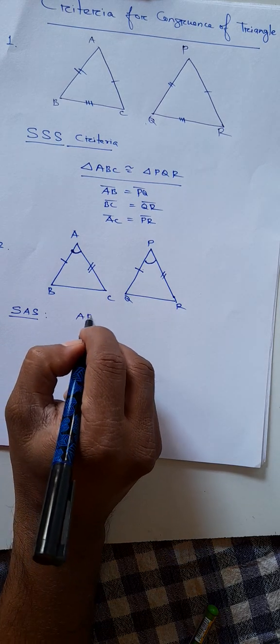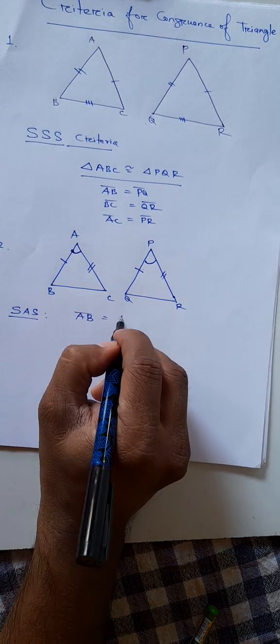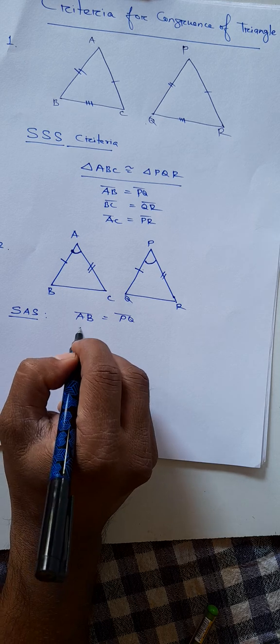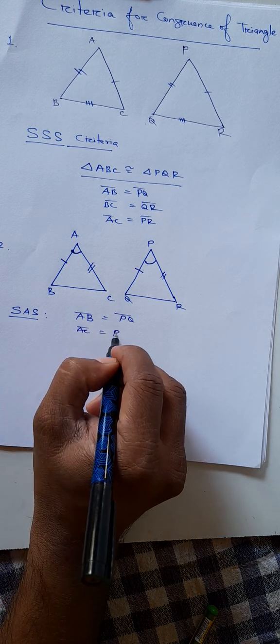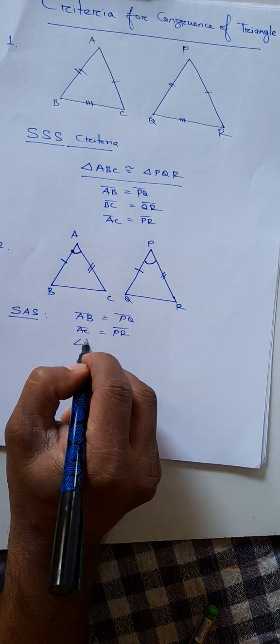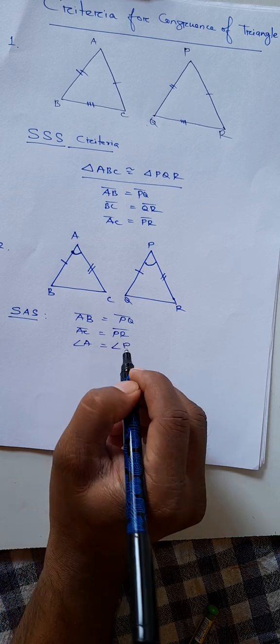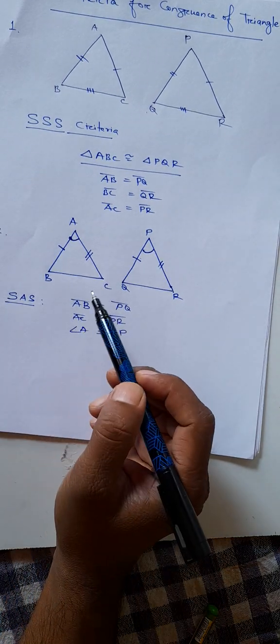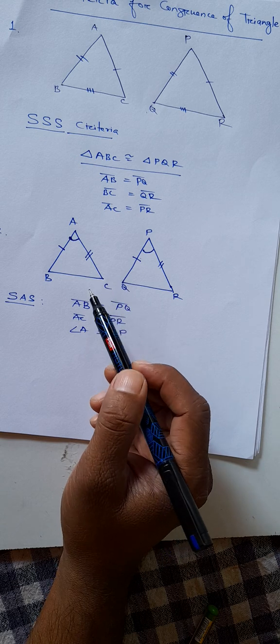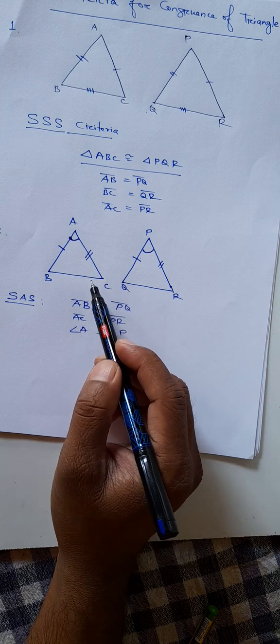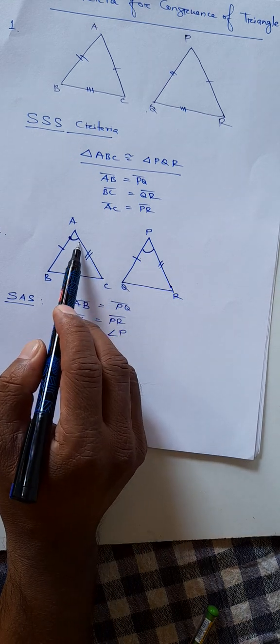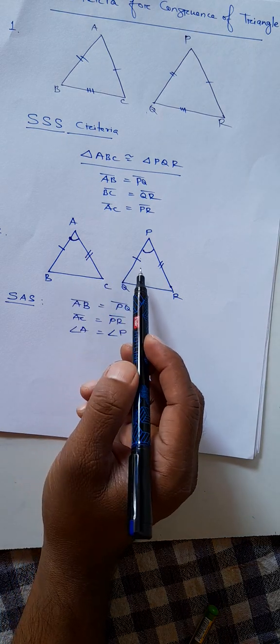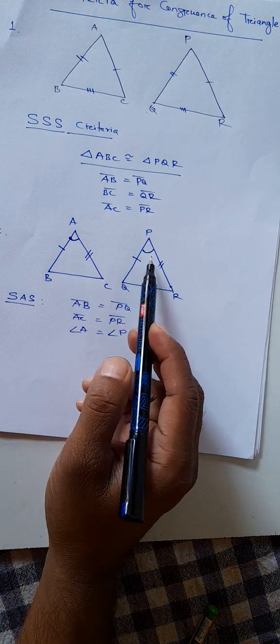So AB equal to PQ, AC equal to PR, angle A equal to angle P. That means two triangles are said to be congruent if two sides and included angle of one triangle are equal to two sides and included angle of the other triangle.